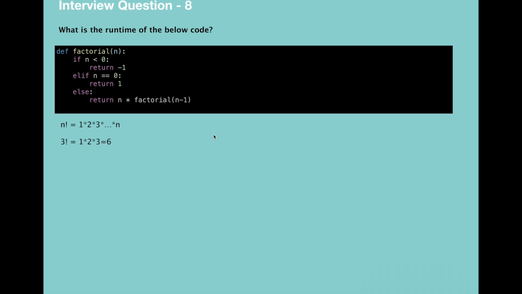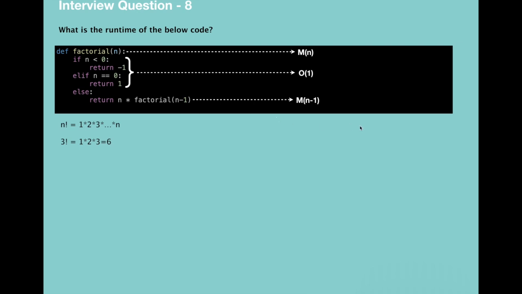So if you look at our function over here, the function takes M(n) time complexity, and the if condition here will take constant time complexity. And if our function takes M(n) time complexity, the same function with the parameter of n minus 1 will take M(n-1) time complexity.